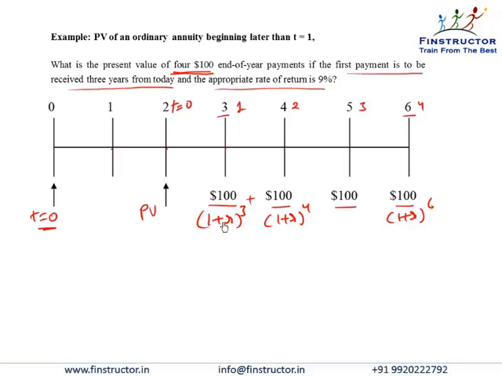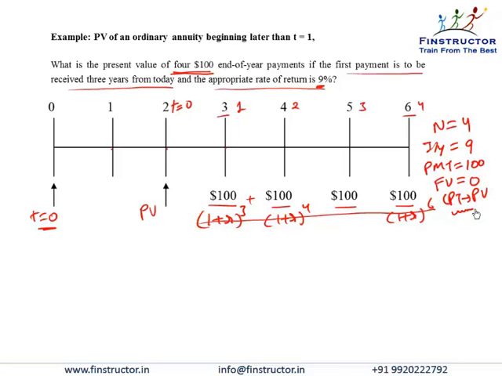So if you're to calculate it in this fashion, then I just need to enter N as 4, I/Y as 9, that's given in the question, PMT of 100, there are $100 end of year payments coming, FV as 0, nothing additional coming at the end, and compute PV.